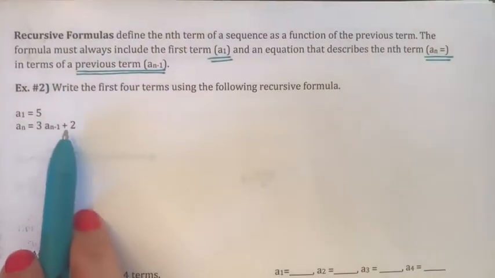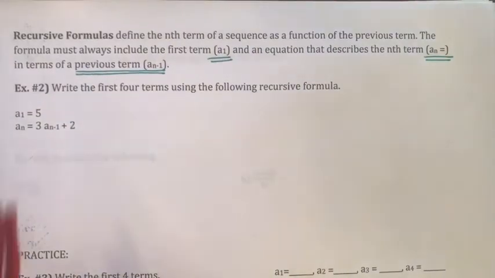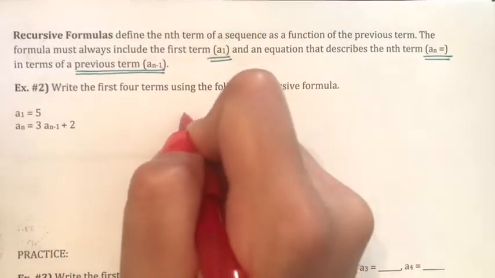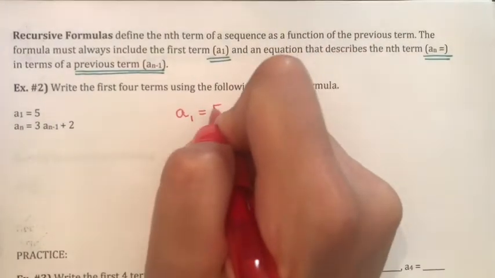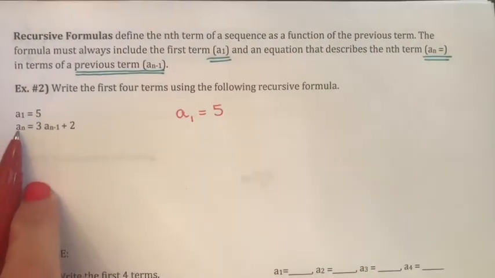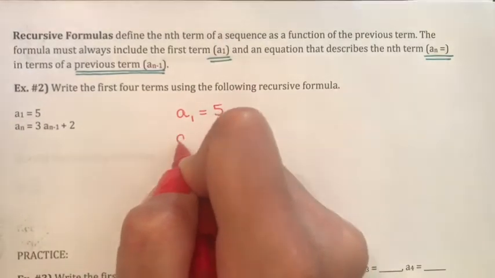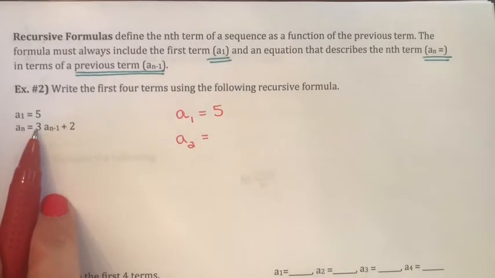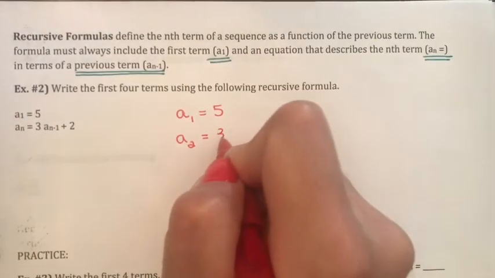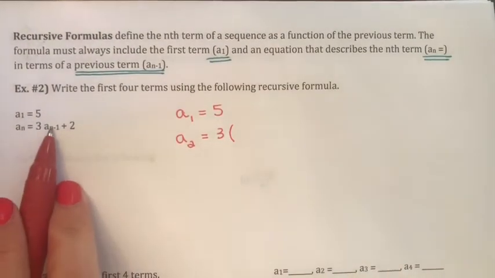Okay, now using this first recursive formula, I know that my first term is 5. That was given to me. Now a sub n, let's say we're looking for the second term. Well, I would do 3 times a sub n minus 1.